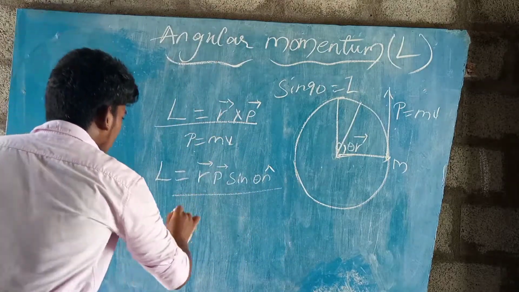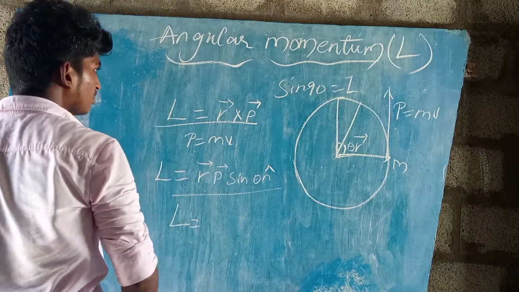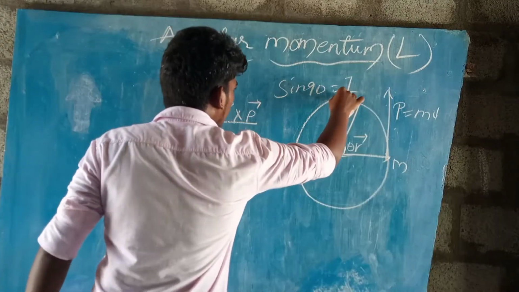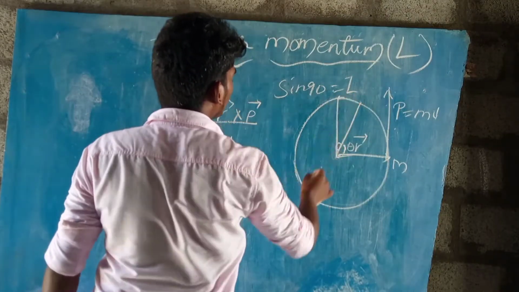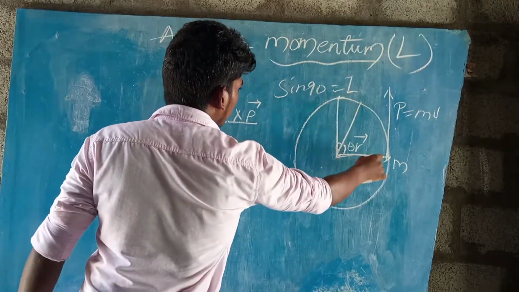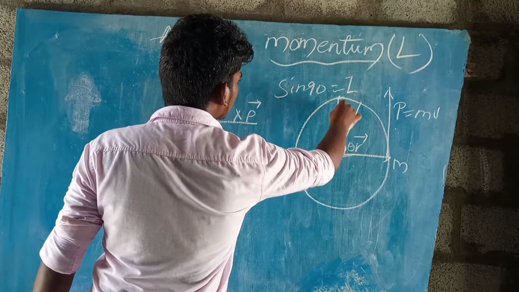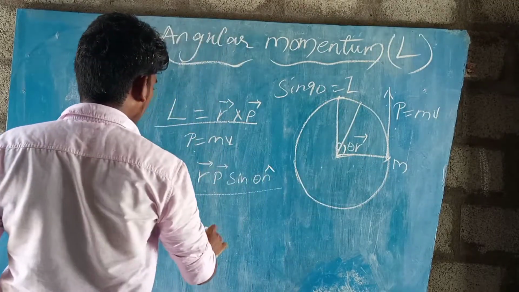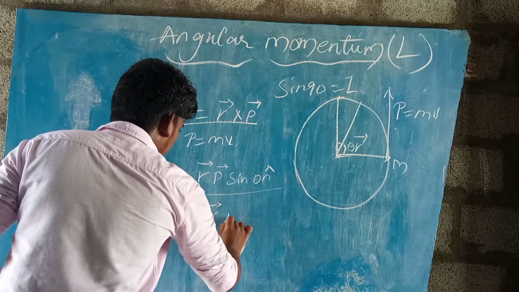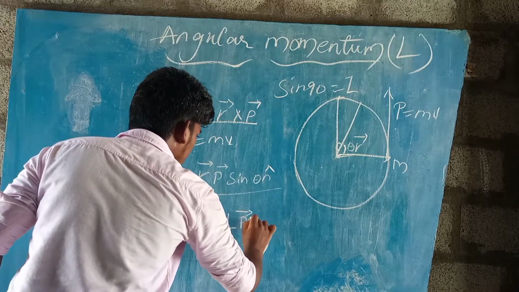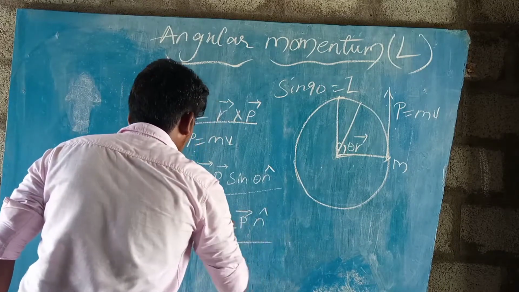This equation becomes L is equal to, as the movement of the particle and the axis of rotation become perpendicular, r perpendicular p n cap.